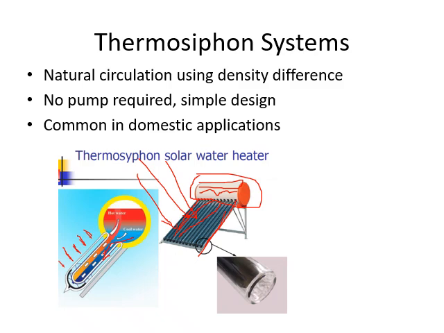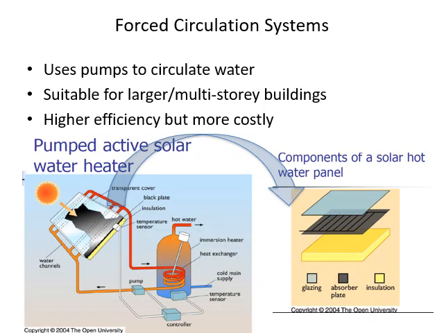So it gives us the freedom of not using any pump. You do not need to connect it to any electrical source to run it. As long as you just install it and leave it on the rooftop, it will always be storing hot water in this tank.